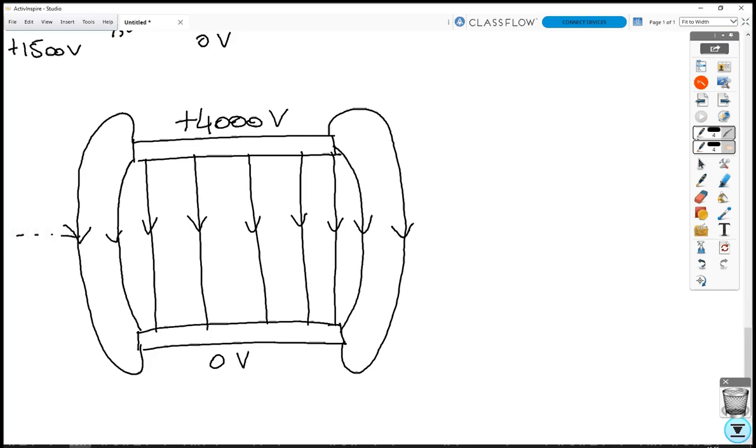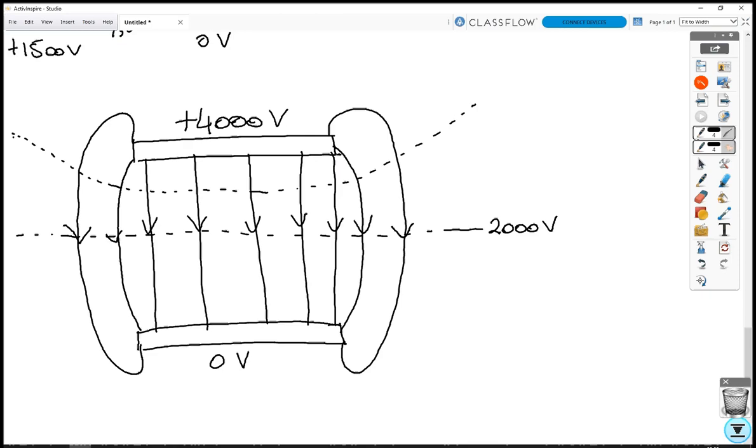So our equipotentials, the easiest one is that one that goes through the center. It's just a straight line. So if we went from 4,000 volts to 0 volts, halfway in between has to be 2,000. Then halfway between the 2,000 volts and the 4,000 volts, we get a line that comes in like this. Now notice the equipotential is always perpendicular to each of the field lines.